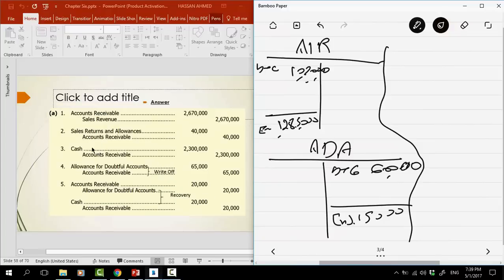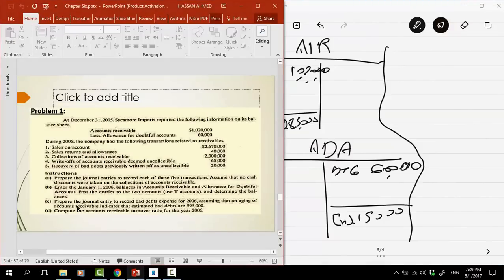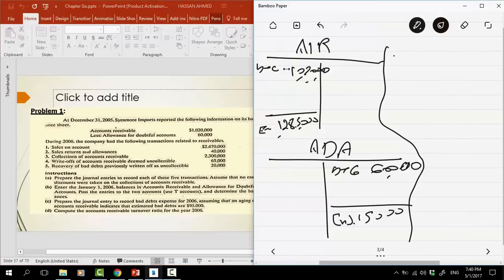After getting the ending balance, we will read the third requirement. Prepare the journal entry to record the bad debt expense for 2006, assuming that an aging of accounts receivable indicates that the estimate of the bad debt is $95,000. This means that the required balance is $95,000, already given.